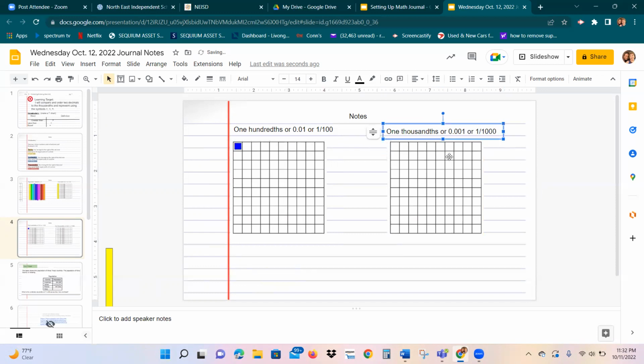This one right here is going to be really tricky to do. So you're only going to do a small little chip of the hundreds, right?